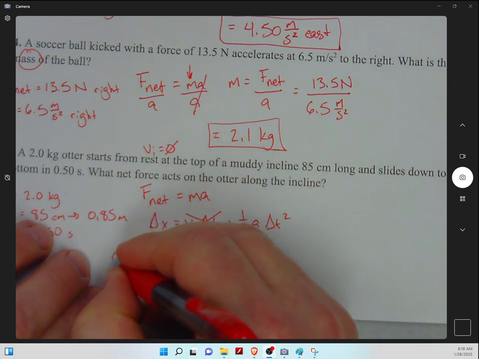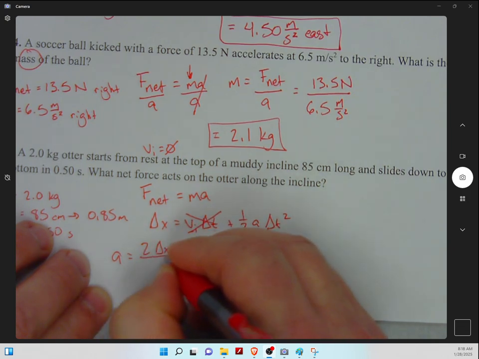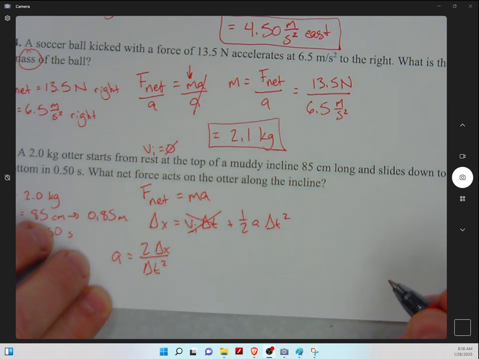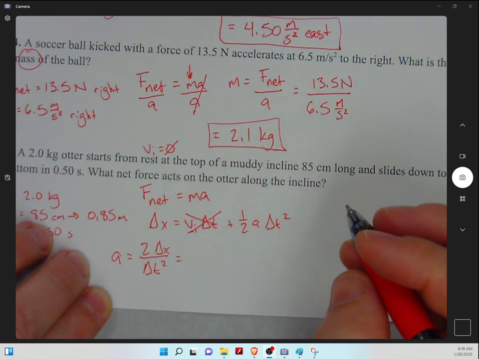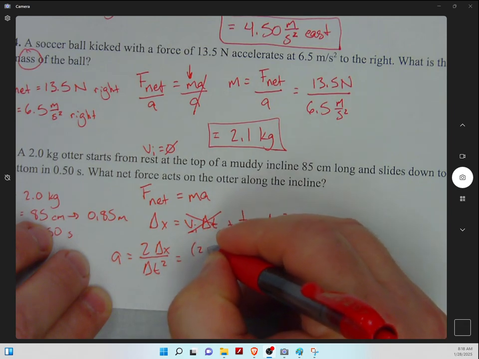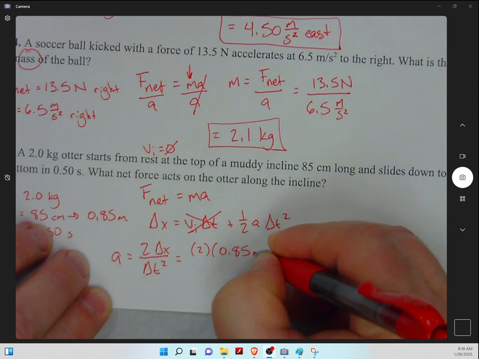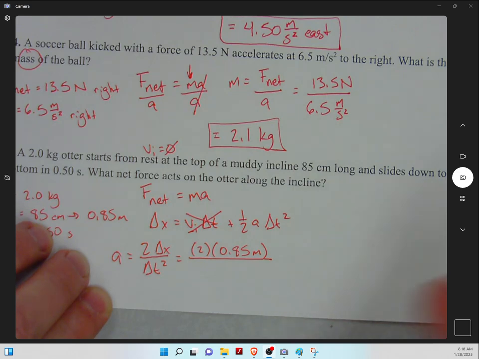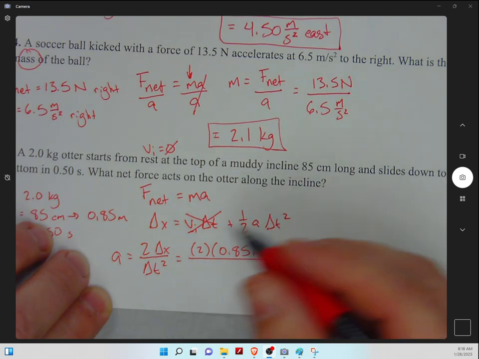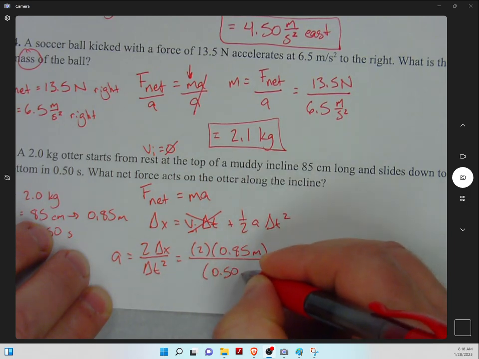So I'll finally have a is equal to 2 delta x divided by change in time squared, which, given the values in this question, is going to be 2 times 0.85 meters. Remember, I need to have all of my units agree, so I'm not going to use centimeters. I'm going to turn that into meters. And then I have 0.5 seconds.